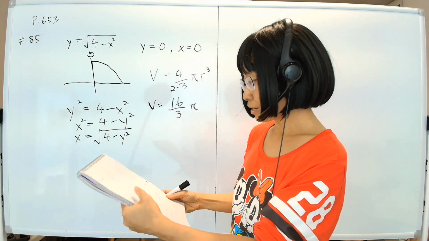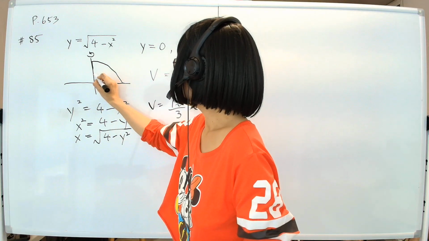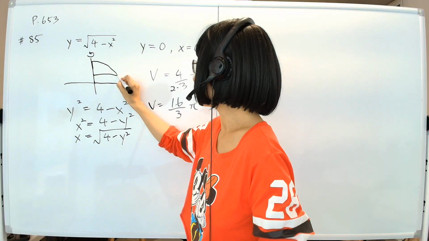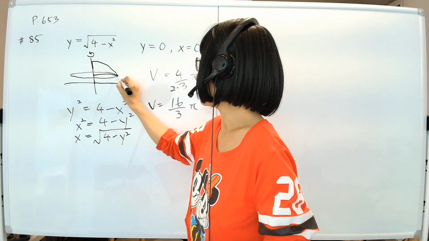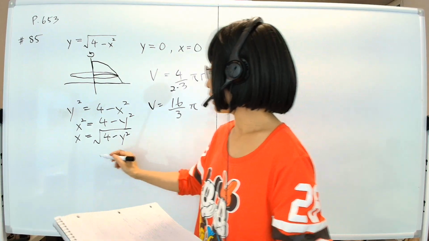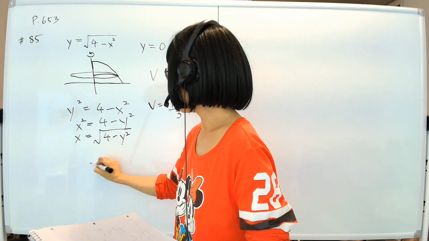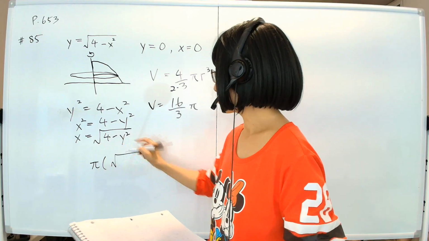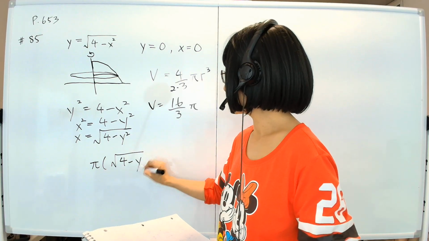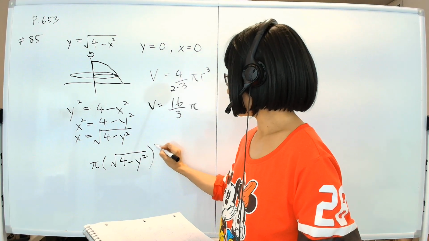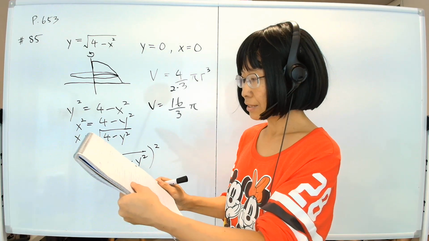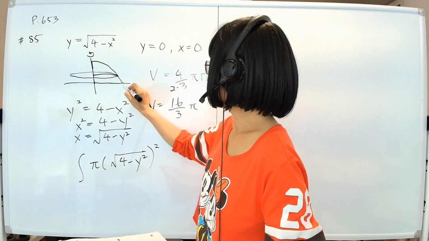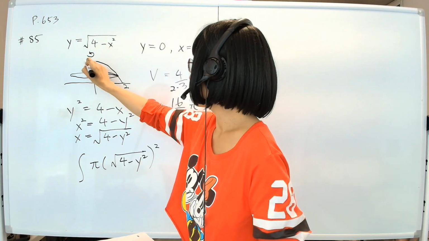Having said that, we're spinning the area around the y-axis, so our disk looks something like that. This is the radius of our disk. The area of our disk is pi r squared, the radius being x, which is the square root of 4 minus y squared. We'll integrate from 0 to 2, because there's a 4 there and that's also 2.